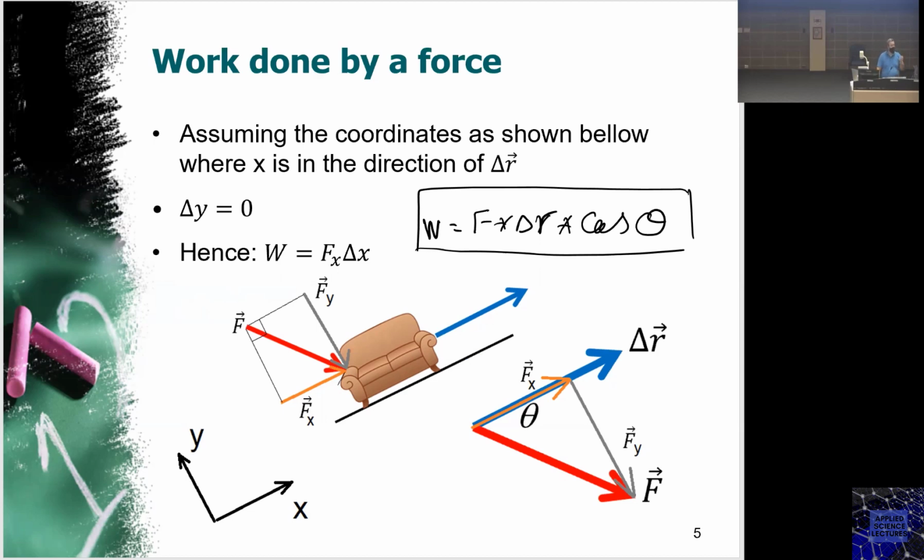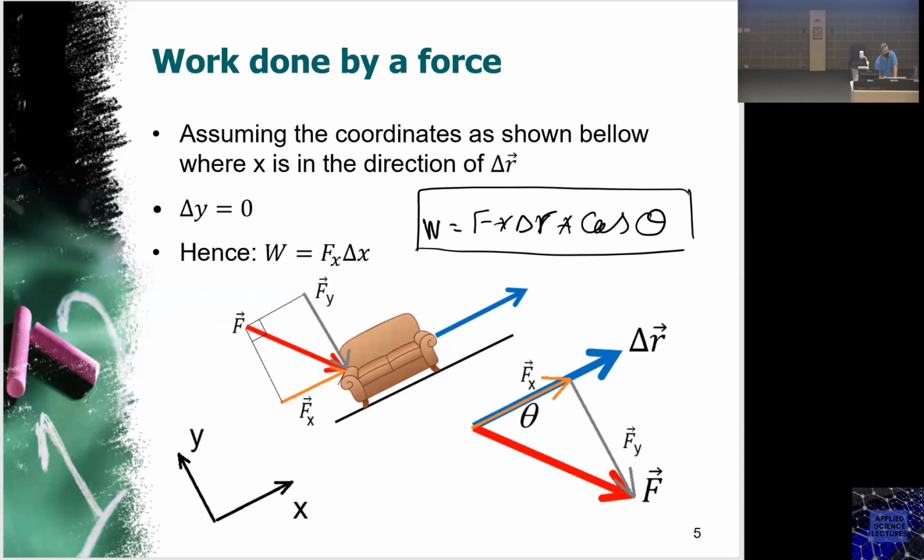But now, if I am to decompose this F into the Y component and the X component, and I try to calculate the work due to the Y component and the work due to the X component, what am I going to get? Let's see.